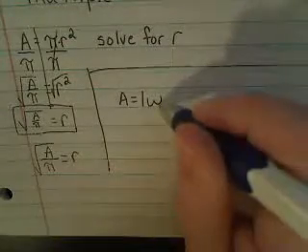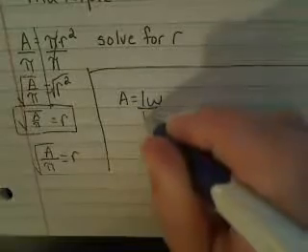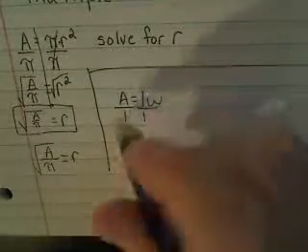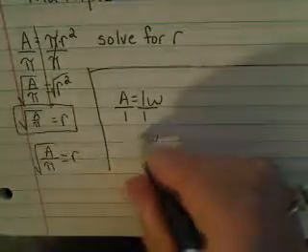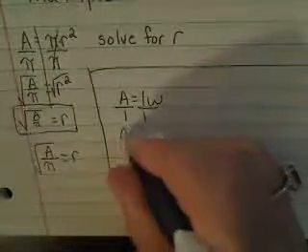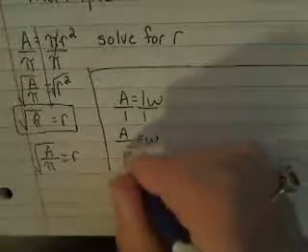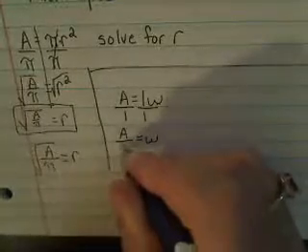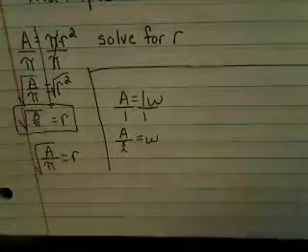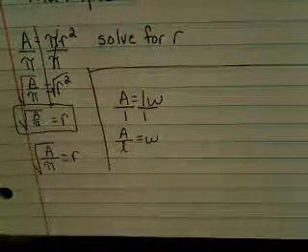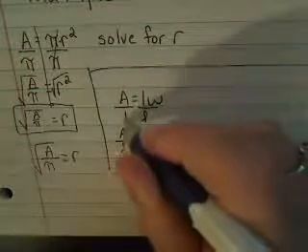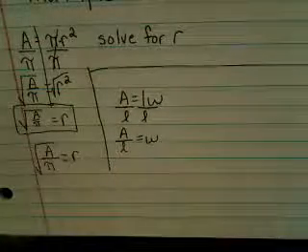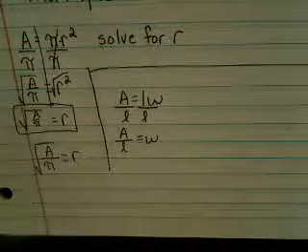So if I'm trying to get W by itself, I'm going to divide both sides by L. And so now W is equal to A divided by L. I'm going to write it kind of in cursive so that it doesn't look like a 1. Make these cursive too, just so it doesn't look like a 1.